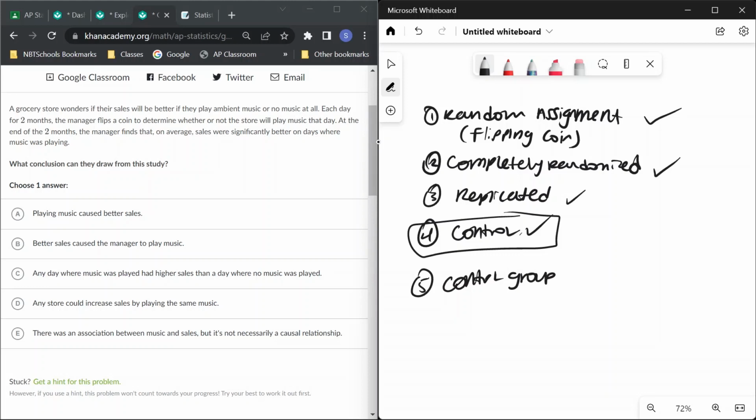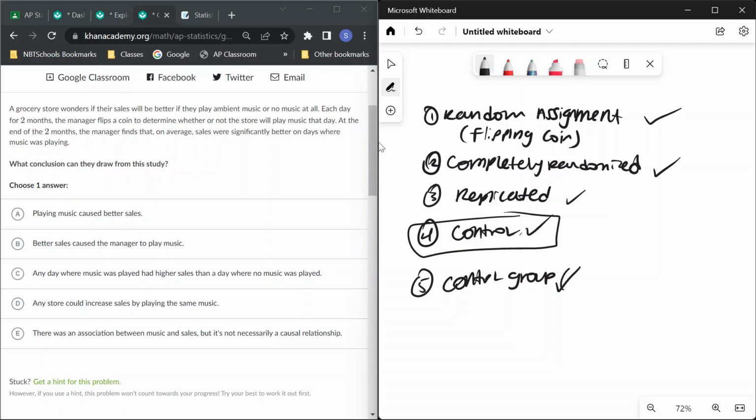The control group would be the no music playing, so that's fine. It is an experiment, there is random assignment, yes. But were there treatments assigned to certain days? Yes.